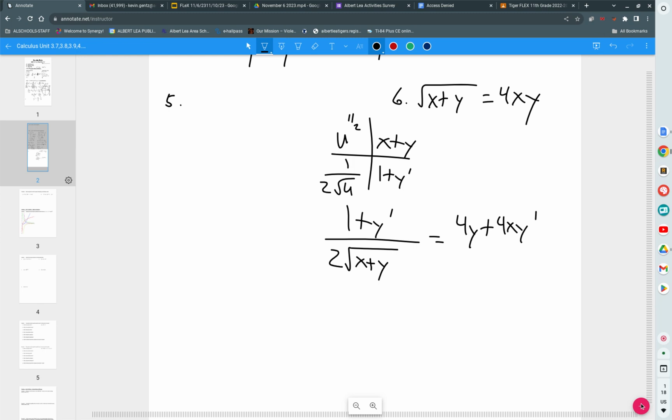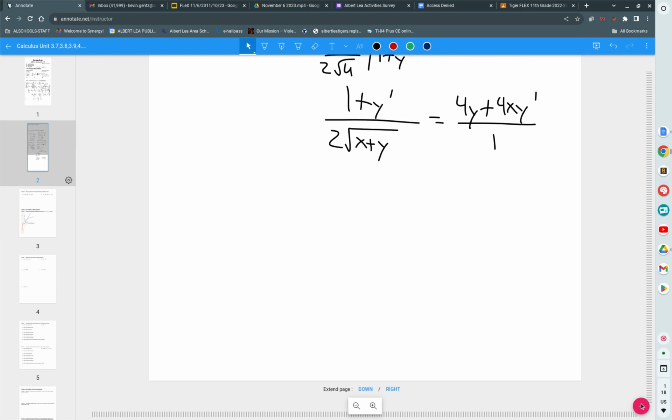The product rule. So these start to become old hat after a while. Notice that in order to solve here, you're going to have to cross multiply. If you've got a fraction like this, you're going to have to cross multiply. There's no easy way around it.